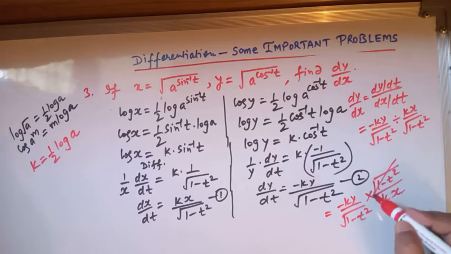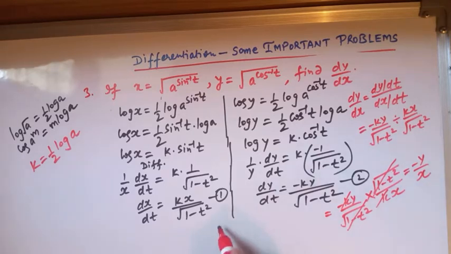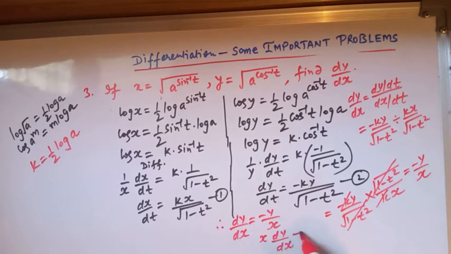So this term gets cancelled, k and k get cancelled, and we are left with only minus y over x. Clear? So therefore dy over dx is equal to minus y over x, or we can rewrite this expression as x dy over dx plus y is equal to 0.